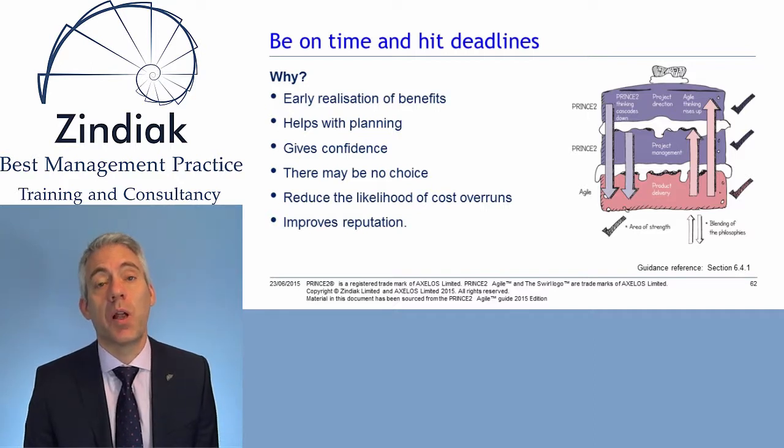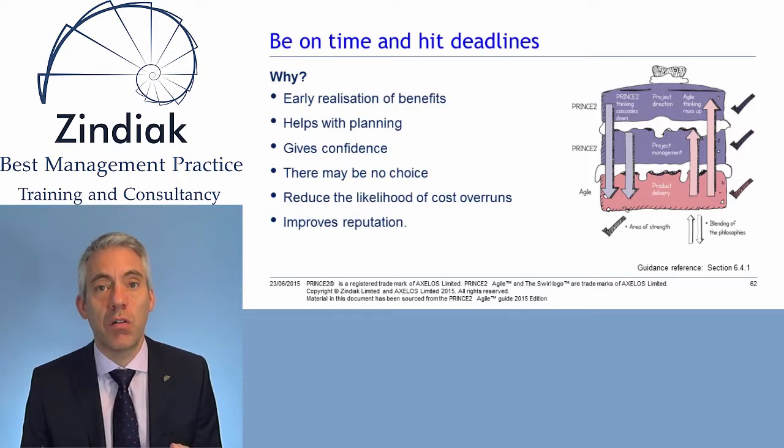Second point, helps with planning. As we saw in Kanban, we deliver some products and functionality, and then we use the qualitative information we gain from delivering that first tranche of work to help plan more accurately future tranches of work. So we're not doing it on gut feel, we're not doing it on assumptions, we're doing it on accurate, real data.